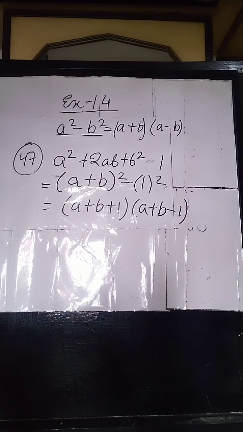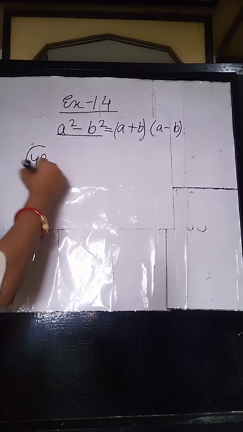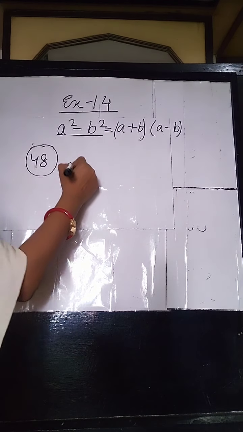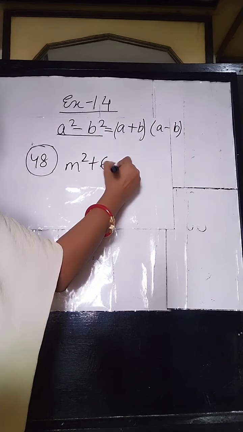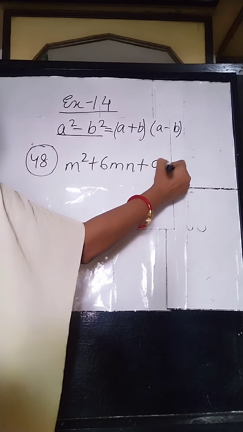Now we will solve sum number 48. Let's see how many sums we can solve in this class. So sum number 48 is m square plus 6mn plus 9n square minus 4.